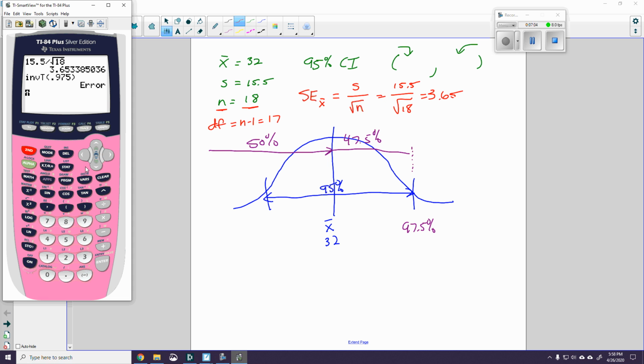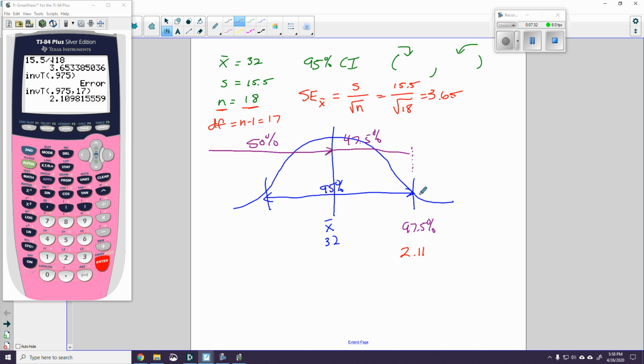So I have to go second distribution, 4 for inverse t, 0.975, comma, my degrees of freedom, which is 17, close the parentheses, and now I find out that this t value is let's call it 2.11.